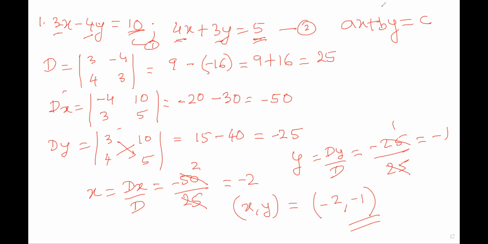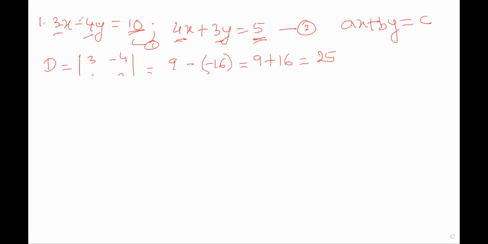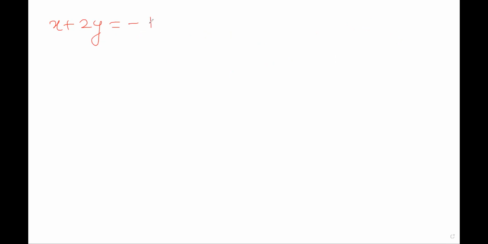Okay, I'm just going to clear this drawing now, and we go for the second equation. So one more: x plus 2y equal to minus 1, and 2x minus 3y equal to 12.